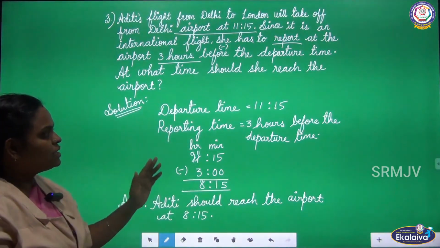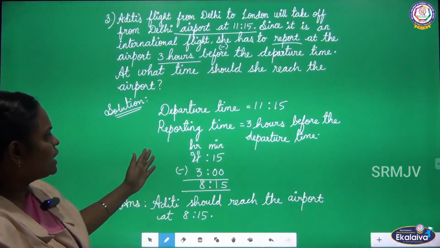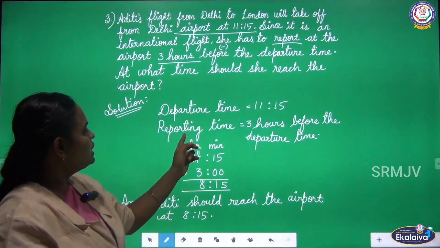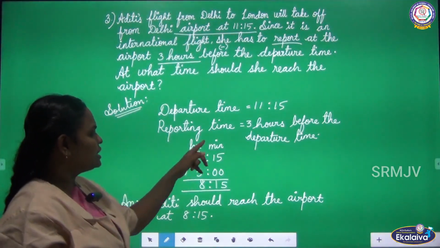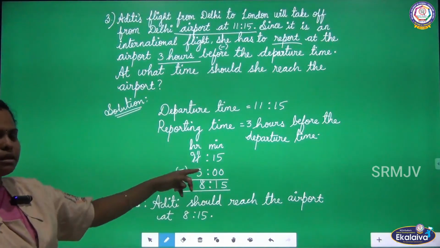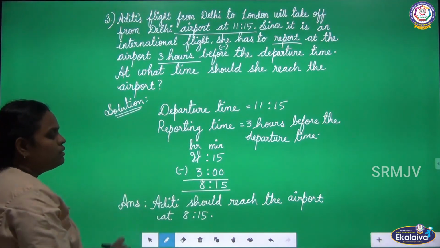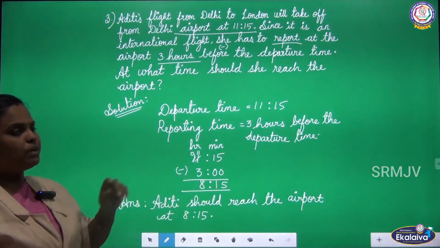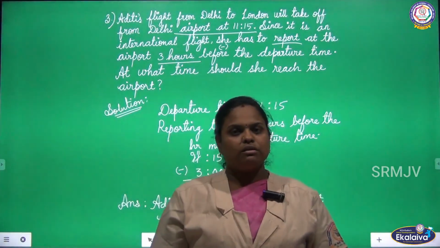Departure time is 11 hours 15 minutes, and reporting time is 3 hours before the departure time. It is given before, so we have to subtract 11 hours 15 minutes minus 3 hours. If you subtract, it is 8 hours 15 minutes. So she should reach the airport at 8 hours 15 minutes. We have completed exercise 2 and 3.